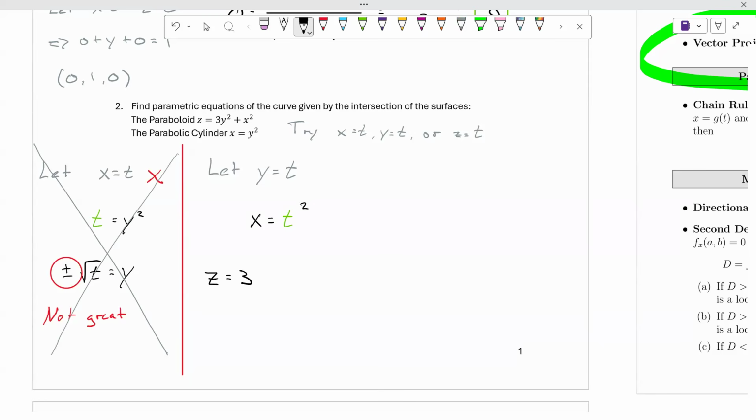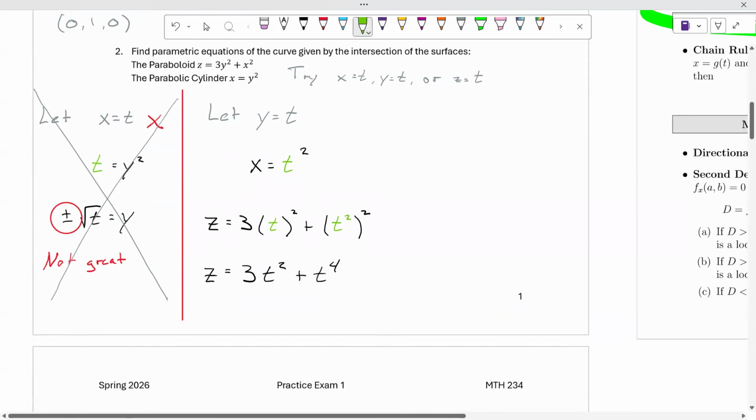So this will be 3 times t squared plus x squared, which is t squared squared, or t to the fourth power. Which is also a function. So at that point, I'm going to say that that's a good parameterization. I'm going to take that answer, so I won't even try z equals t. But I think if you did, you'd find pretty quickly it's not going to go so great either.